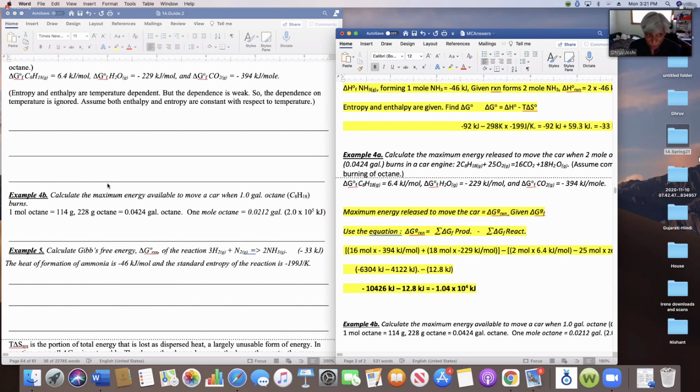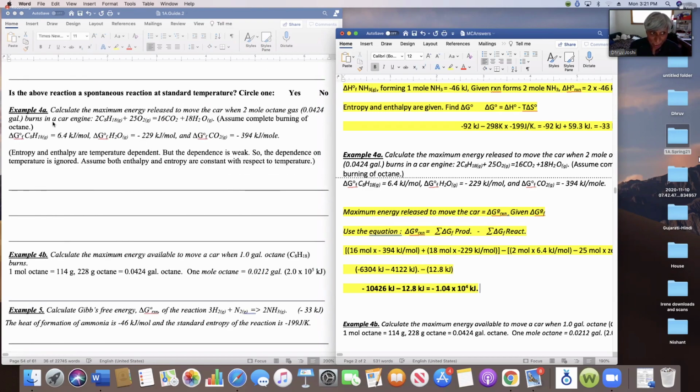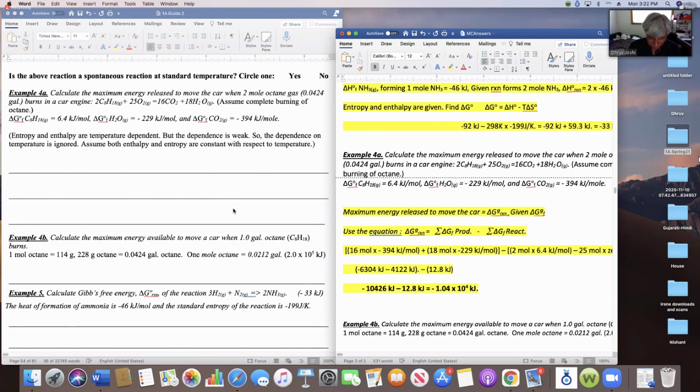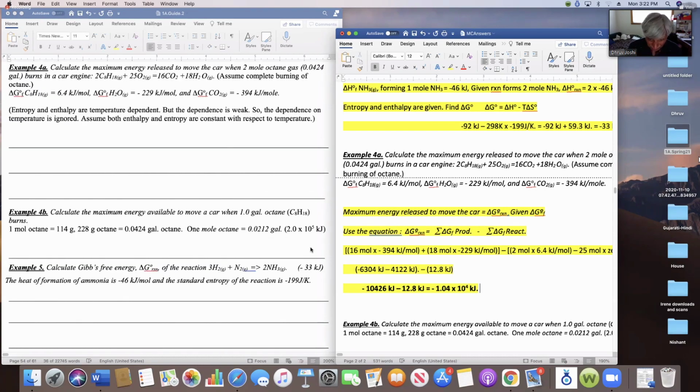Okay, so we're going to be talking about 1 gallon. Now here we are given this many kilojoules. This much heat is produced when we are burning 2 moles of gasoline, and that equals 0.0424 gallon.